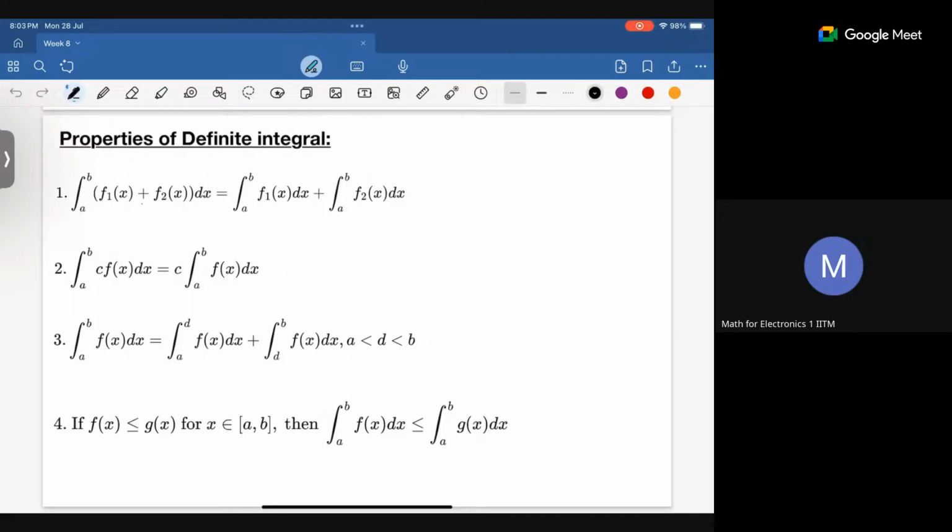Okay, and if you are looking for the difference of these two, here also it will just be the difference. And if you have a scaled function, c times f of x, where our function is scaled by c units, and you are looking for the area under the curve from a to b of c times f of x dx, you can pull the constant c outside of the integral and write it as c times the integral from a to b of f of x dx.